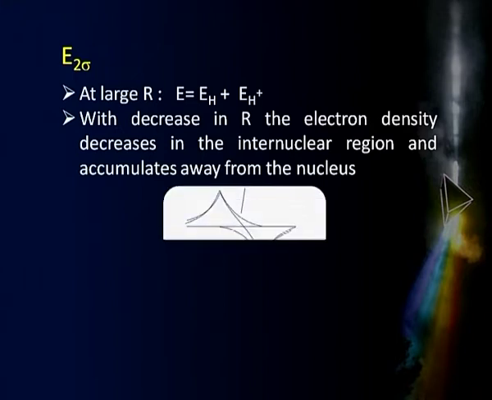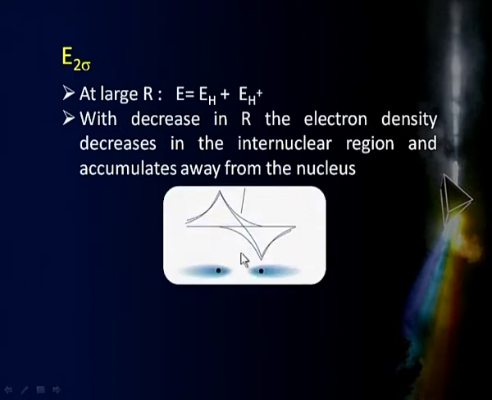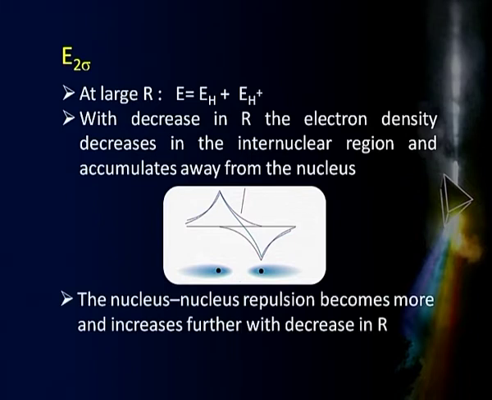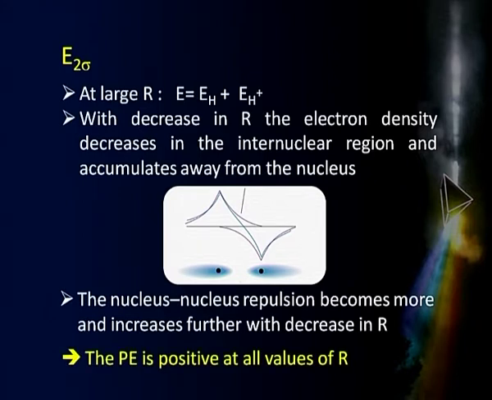As a consequence, the electron density in the internuclear region decreases, rather it becomes almost 0, there is a node there. The two nuclei are then even more repulsive against each other, and the energy starts increasing, and this increase is sharper than in the case of the 1s orbital. For this orbital the potential energy is positive for all values of r, and that is the kind of curve we had.